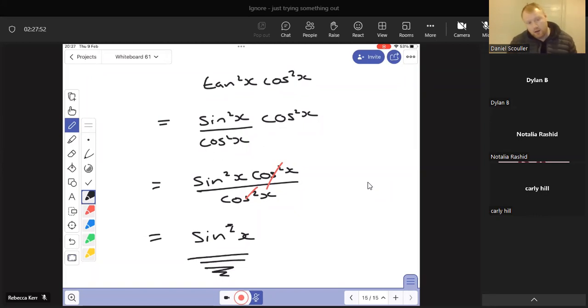Admittedly, not much simpler, but that's what they take as simplified.